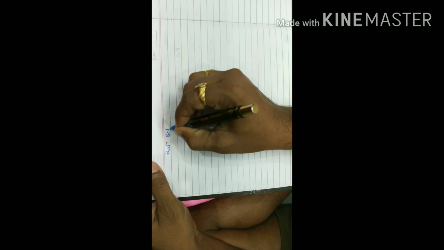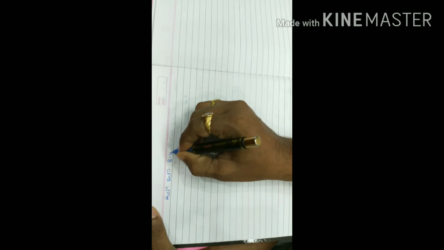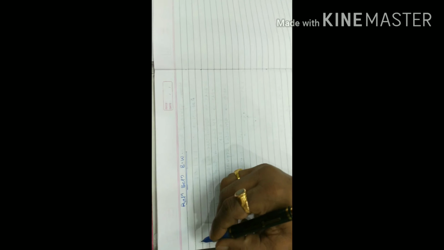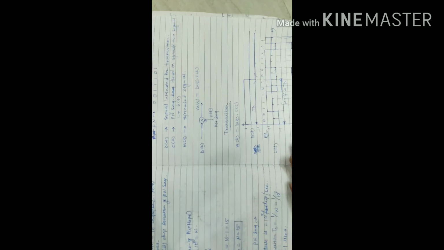Now we will see the relation between the bandwidth of the signal that is to be transmitted, the original signal and the spread signal. If we consider this, we will redraw this diagram.